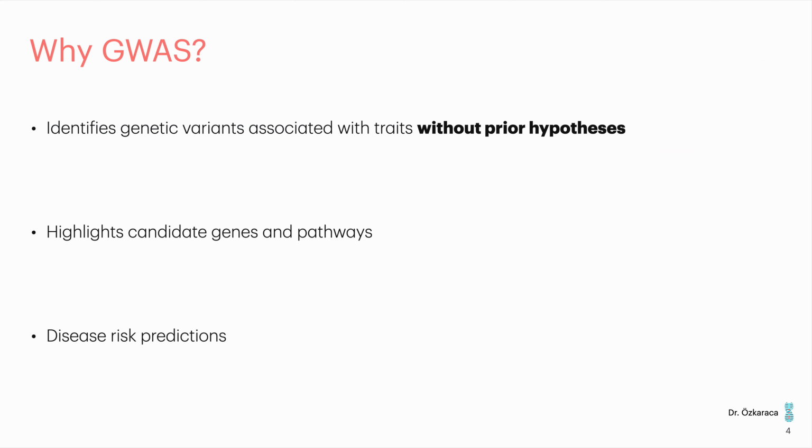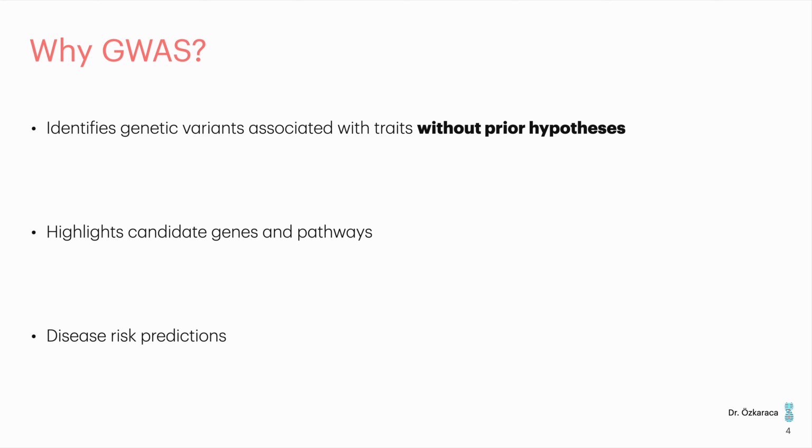So why is GWAS so significant? Why is it useful? It's powerful for several reasons. One, its hypothesis-free nature. Unlike older approaches that required predefined candidate genes, GWAS scans the entire genome without any prior hypothesis.